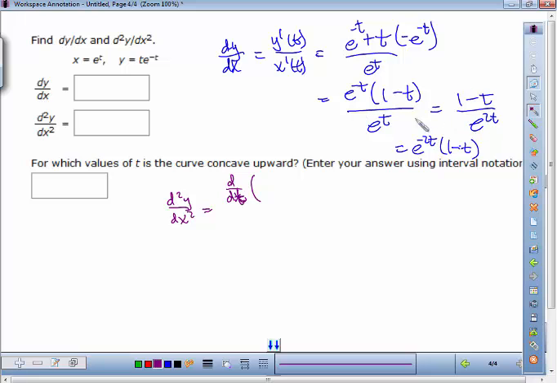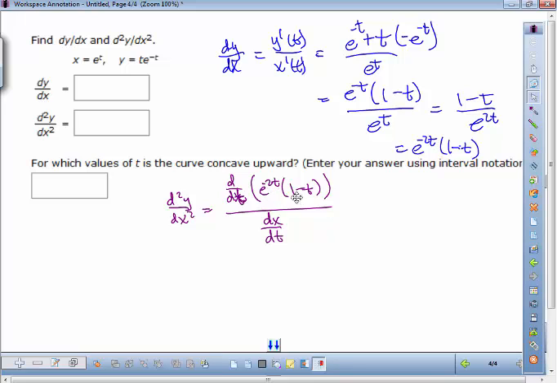So d dt of our dy dx, which is this, divided by dx dt. Negative, thank you. Maybe I'll change the color on that.